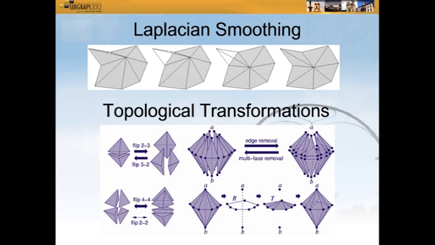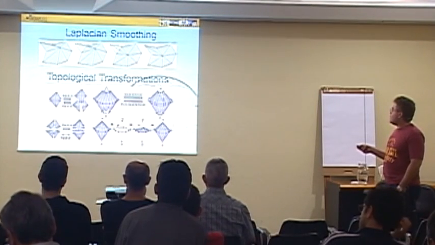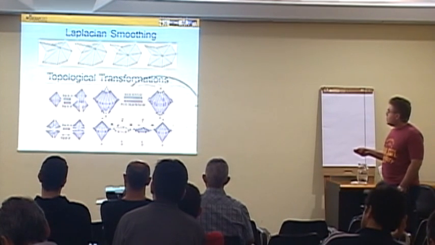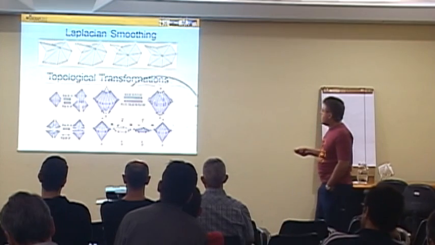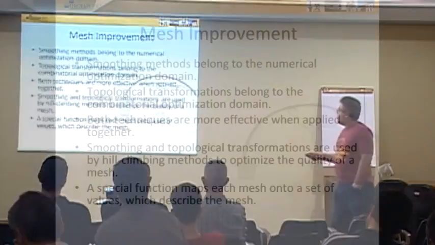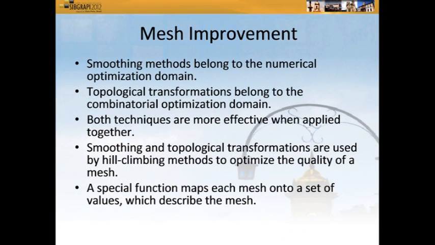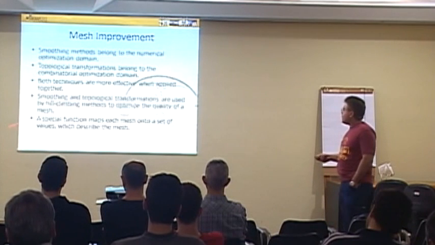We have a picture here showing the Laplacian smoothing, the most famous smoothing technique, where we move a vertex and all tetrahedra incident to the vertex. And topological transformations are generally implemented using flips, 2 by 3 or 3 by 2. Well, smoothing methods belong to the numerical optimization domain, and topological transformations belong to the combinatorial optimization domain.